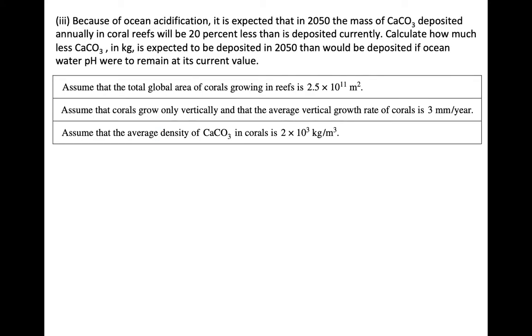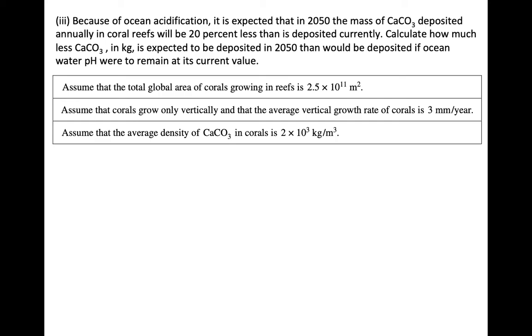On to part 3. Because of ocean acidification, it is expected that in 2050, the mass of CaCO3 deposited annually in coral reefs will be 20% less than is deposited currently. Calculate how much less CaCO3 in kilograms is expected to be deposited in 2050 than would be deposited if ocean water pH were to remain at its current level.